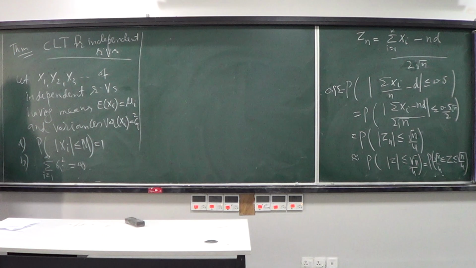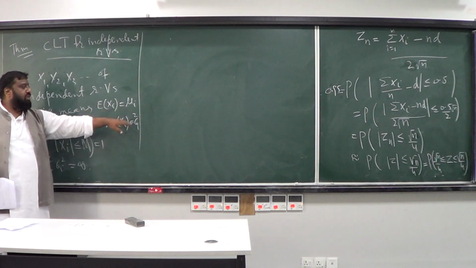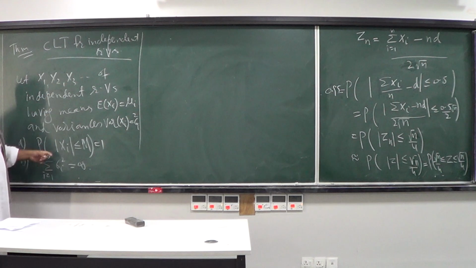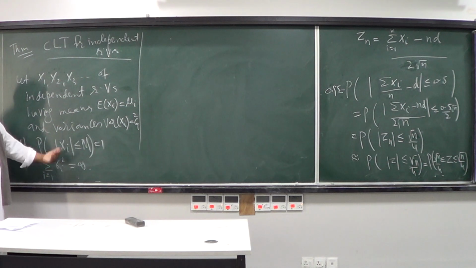So I have a sequence of independent random variables, having any distribution with means mu i and variances sigma i squared. Additionally, all of them are bounded with probability 1, and the sum of their variances is infinity, so the series diverges.